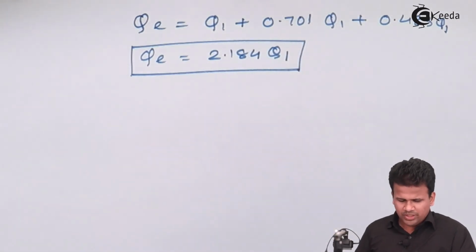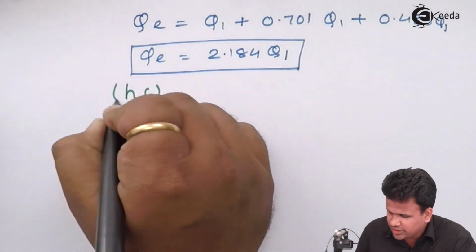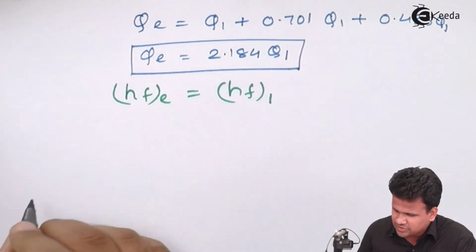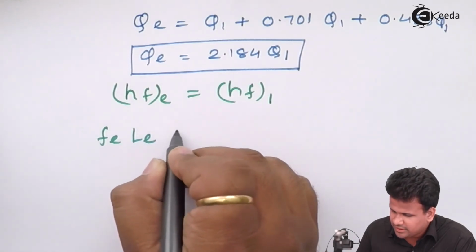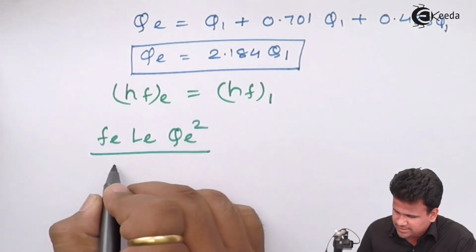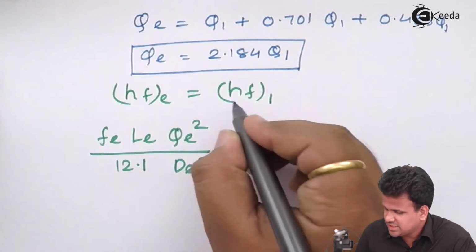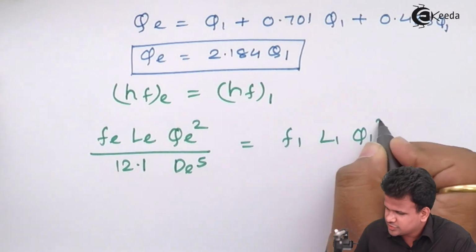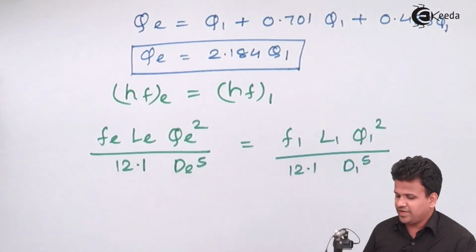Now we can equate the first term: the head loss through the equivalent pipe is equal to the head loss through the first pipe. So this is f equivalent L equivalent Q equivalent squared upon 12.1 D equivalent raised to 5, equal to f1 L1 Q1 squared upon 12.1 into D1 raised to 5.